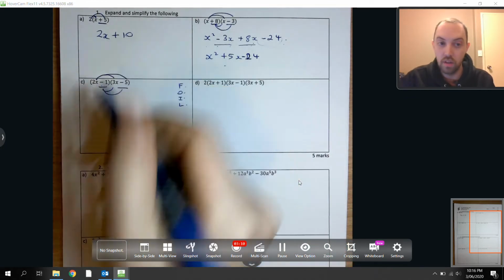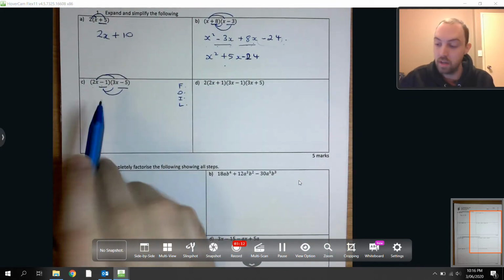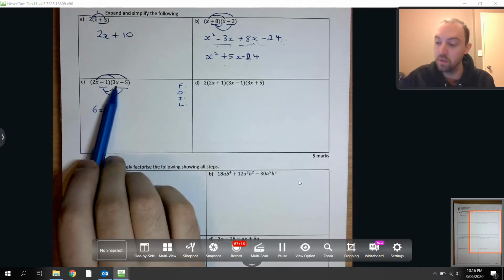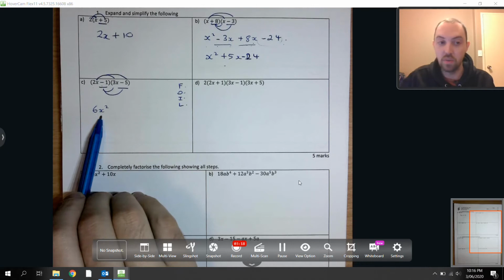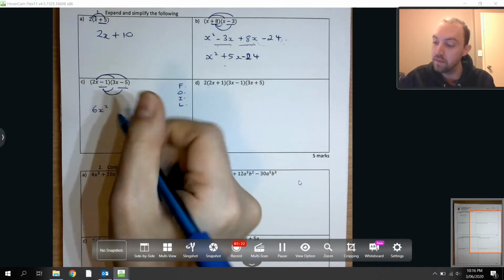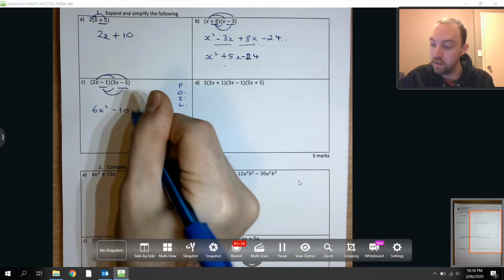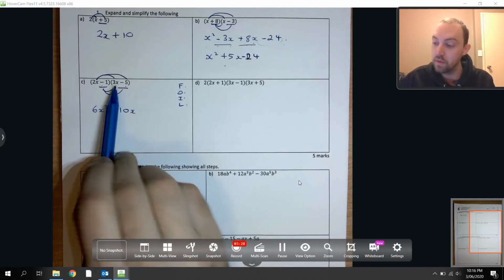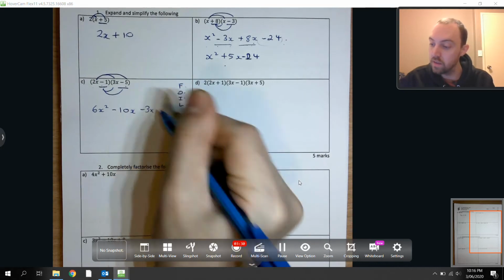2x times 3x makes 6x squared. 2 times 3 is 6, and x times x is x squared. 2x times negative 5 is negative 10x. Negative 1 times 3x is negative 3x.